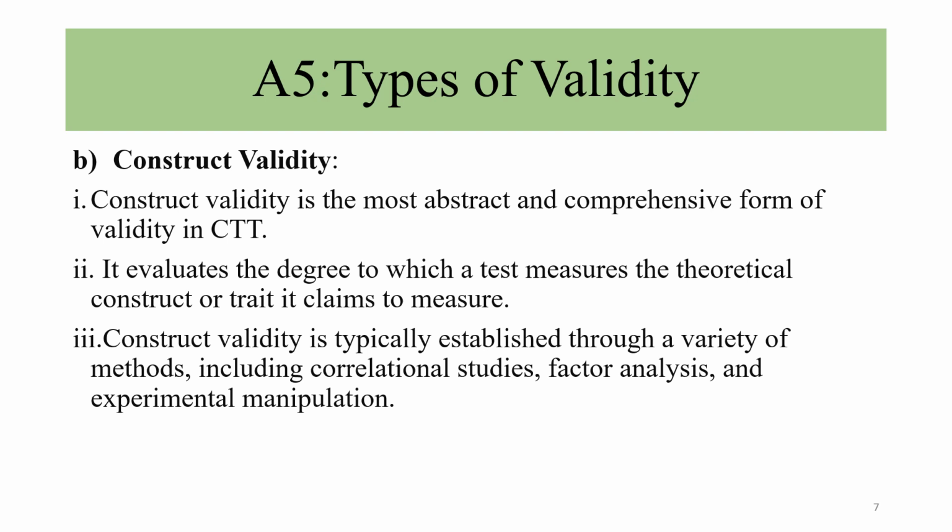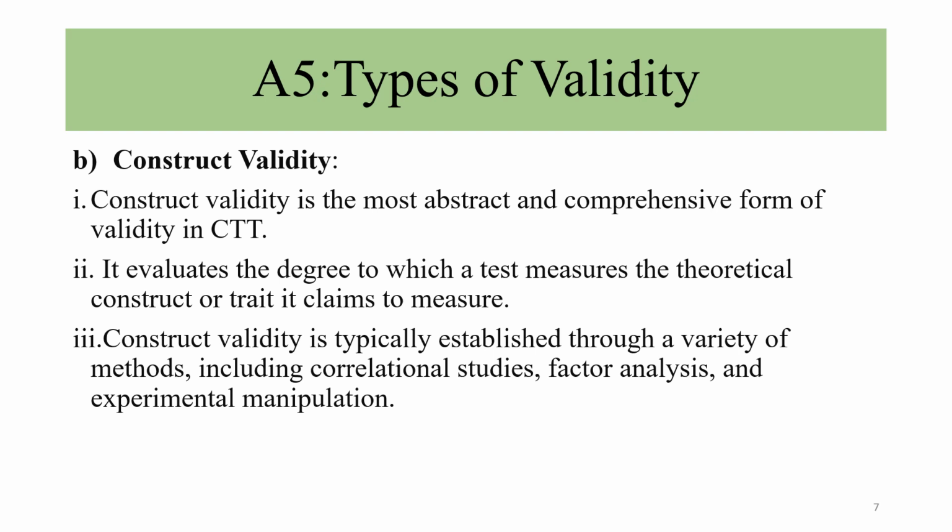For example, correlational studies. If the score of the construct actually behaves in the manner that the construct is supposed to behave in terms of having correlations with similar qualities and different qualities, then we say that it has validity. On the other hand, if we go for factor analysis and the factors which emerge as a result of the exploratory factor analysis are actually as per theory, then we say that it has construct validity.